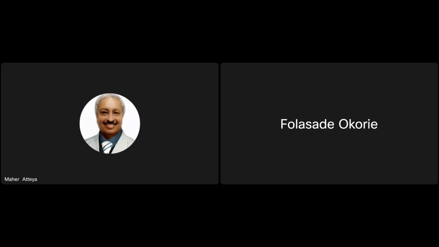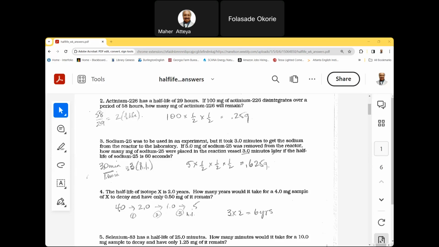See, we did not look at the keyword later. Later, that's MF. They need the MF, not the MI. The MI was placed, that's 5.0. See, we missed the keyword. There are keywords you have to look for. 5.0 multiplied by 1/8.